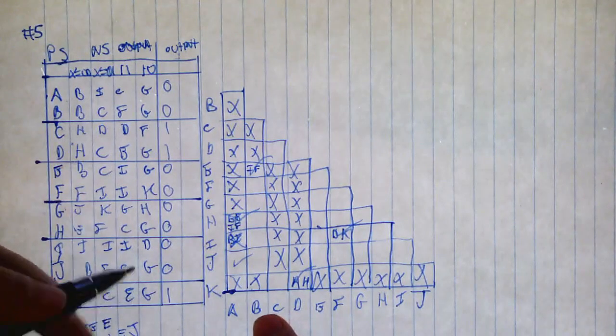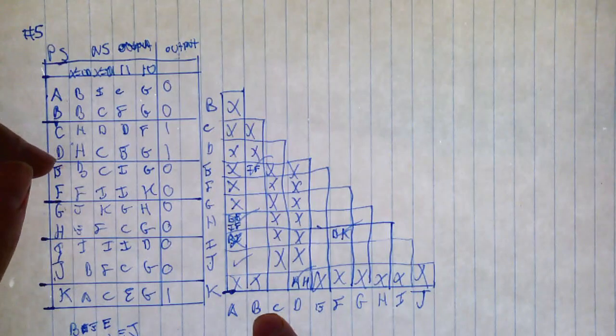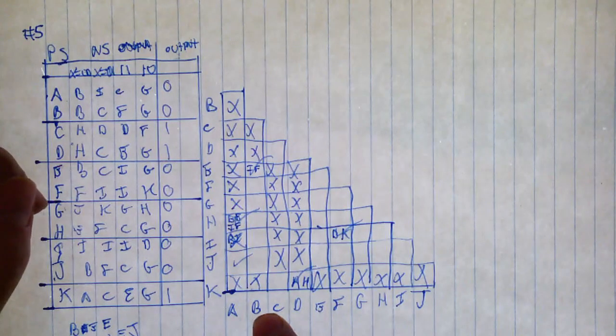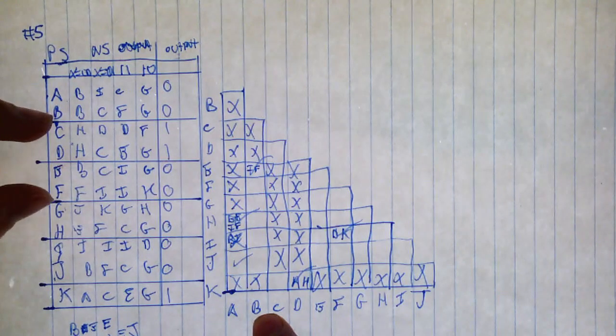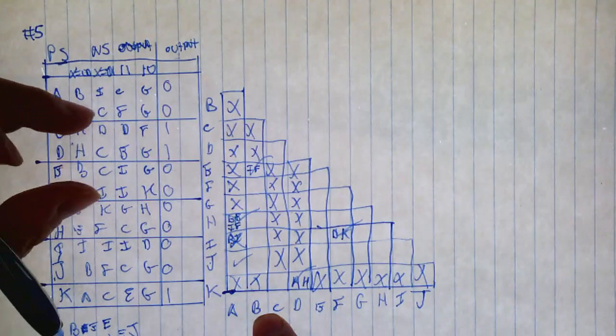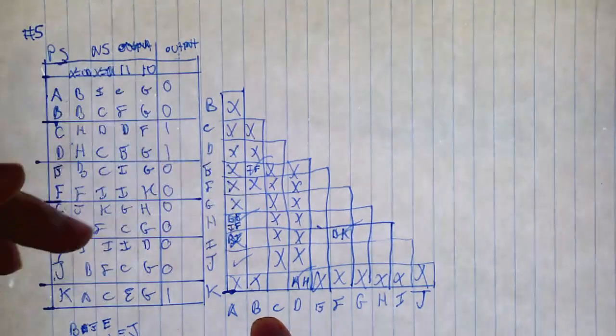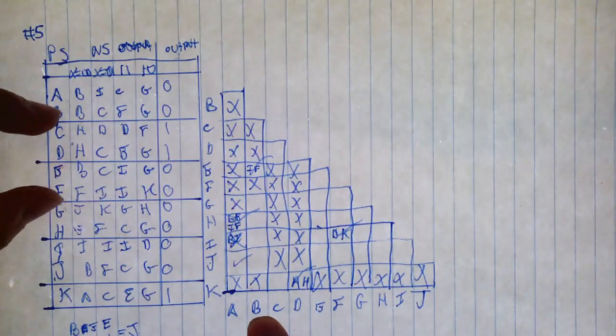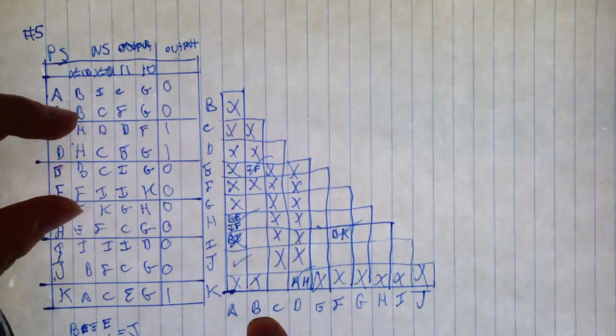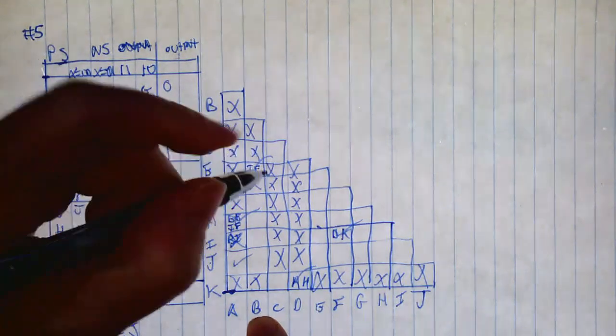So now I got, does B equal F? With B and F, I have to have B and F, which is good, C and I, which is no good. I have to do B and G, I have to have B and J. Maybe that'll work.